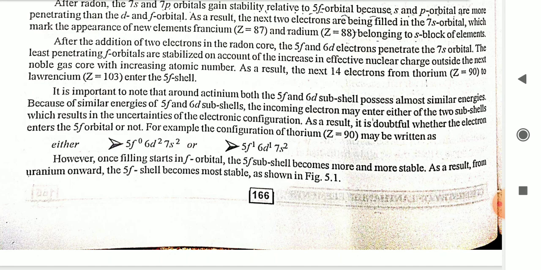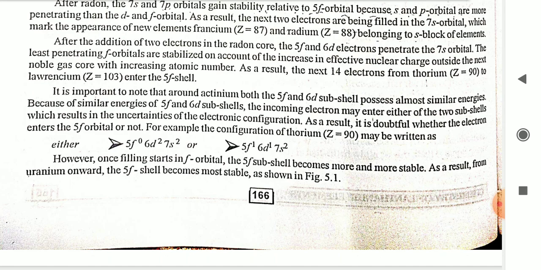For example, the electronic configuration of thorium, Z equal to 90, may be written as either 5f0 6d2 7s2 or 5f1 6d1 7s2. However, once filling starts in the 5f orbital, the 5f subshell becomes more and more stable.